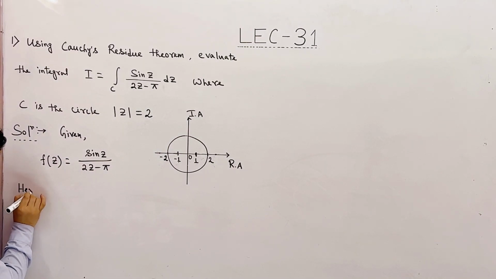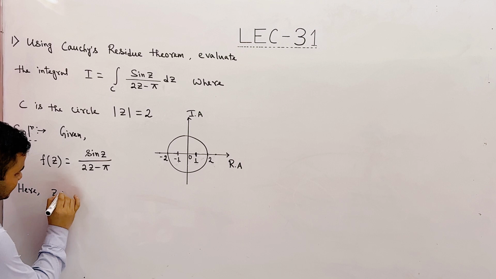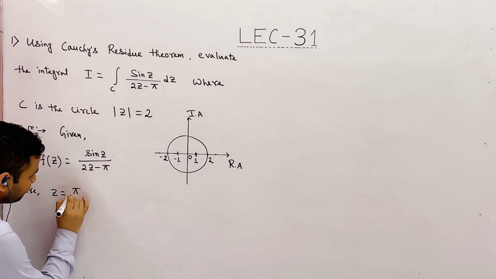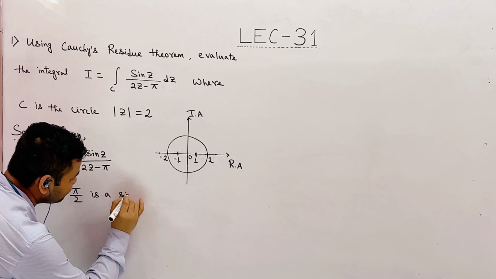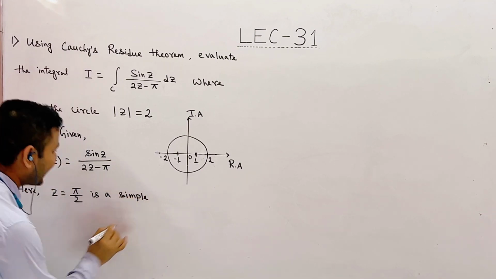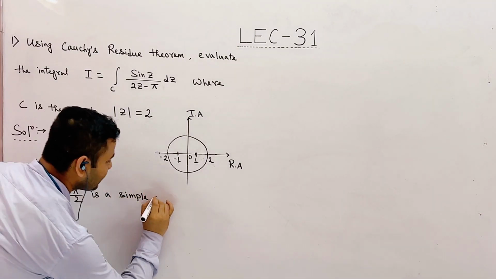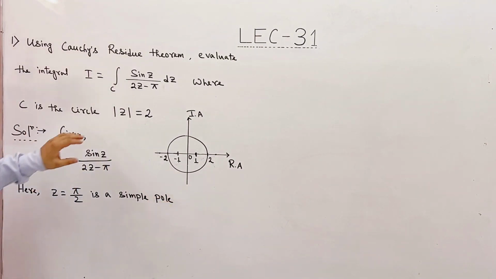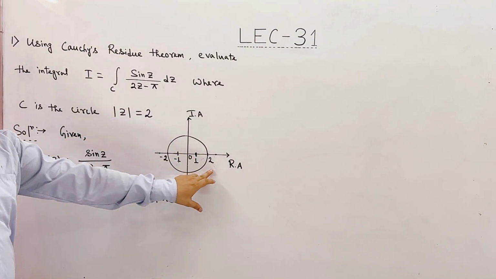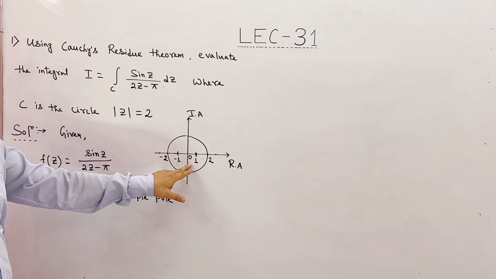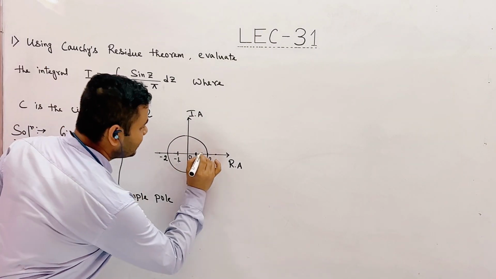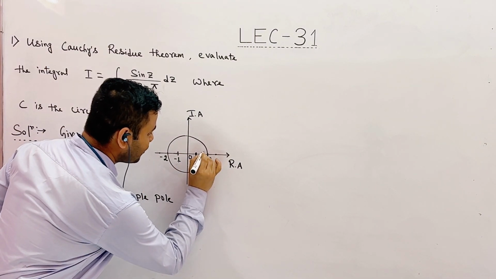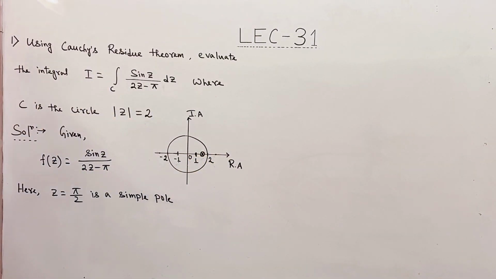Now, let me write these points. Here z equal to pi by 2 is a simple pole, and this simple pole lies inside the given circle whose radius is 2 and the center is at z equal to 0. So, pi by 2 means 1.57. This will be the location of the simple pole.